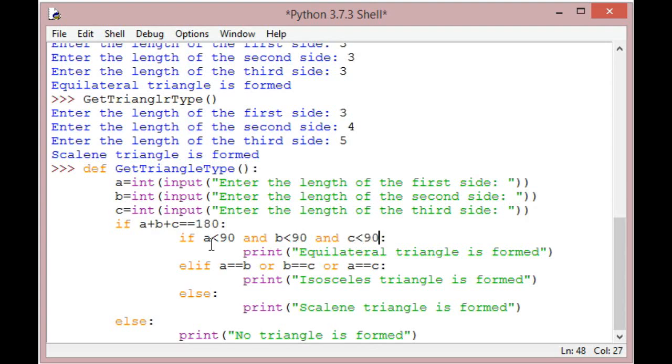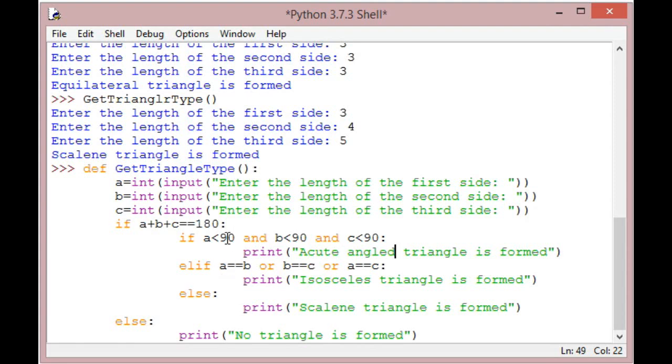So we have checked if A is less than 90, B is less than 90 and C is less than 90, then what we shall write? We shall write acute angled triangle is formed.